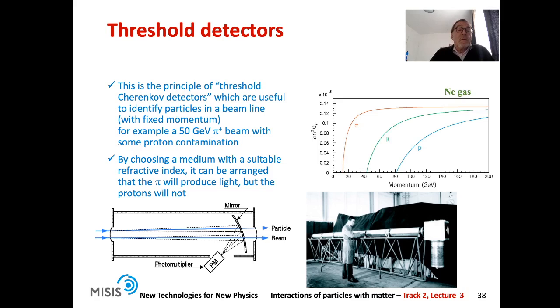For instance, in a 50 GeV pion beam with some proton contamination, you could see at right that by choosing a proper medium with a suitable refractive index, like neon gas, as shown here in this example, it can be arranged that pions will produce light, but the protons will not.